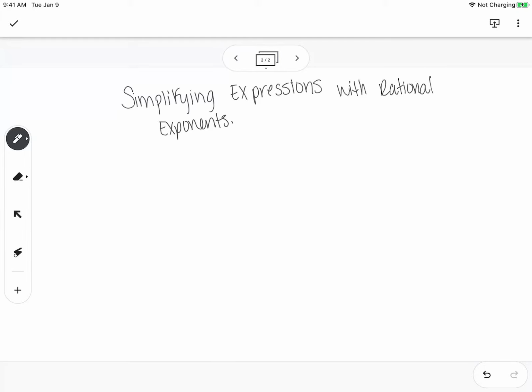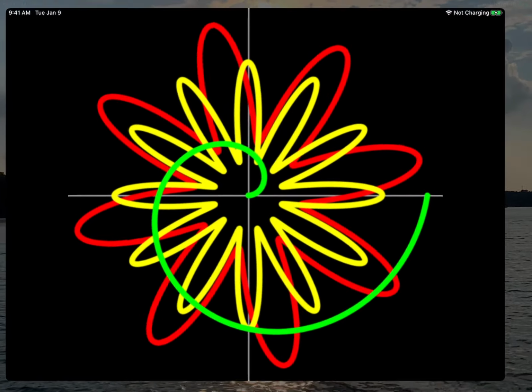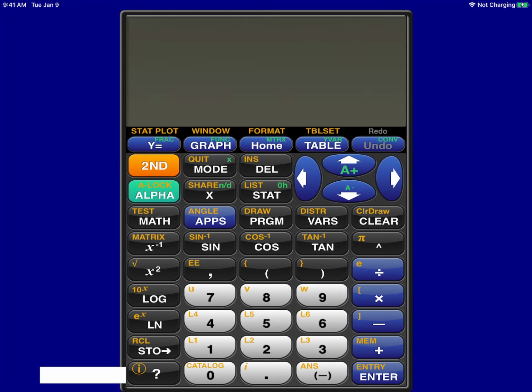All right, so what that means is now we can simply take some values like 216 to the 1/3 power, and you can actually put that into your calculator. So I'm going to pull up my calculator, and I'm going to put 216. I'm going to use the caret key, which is right below clear, and then I can type in that 1/3. And when I hit enter, I get 6 for my answer.